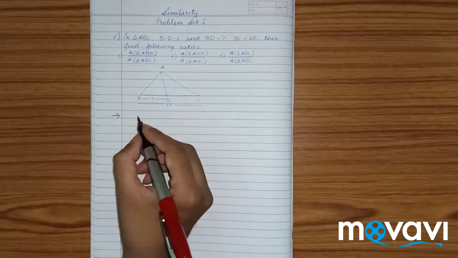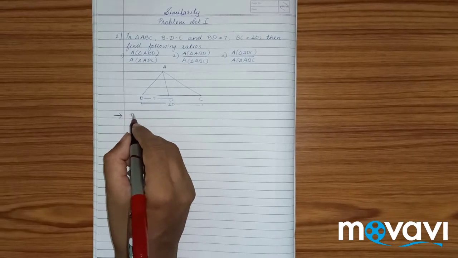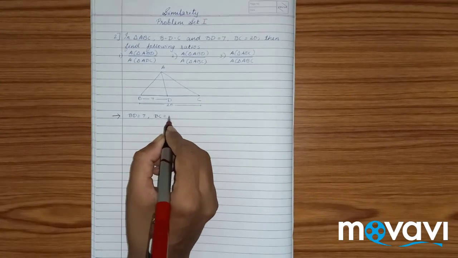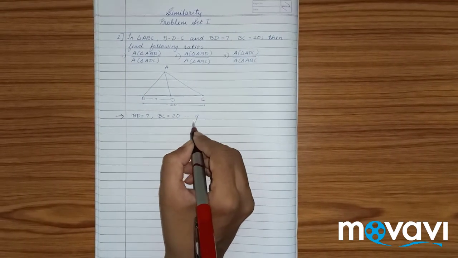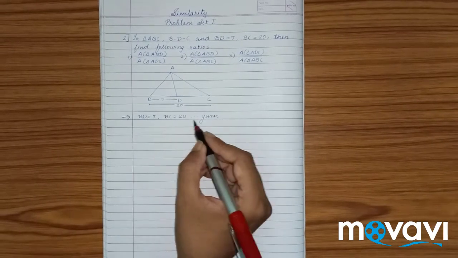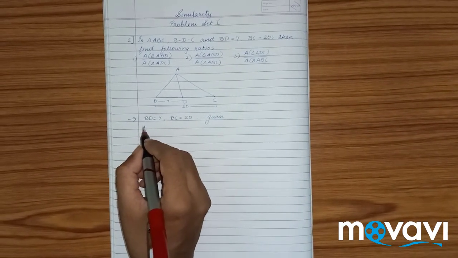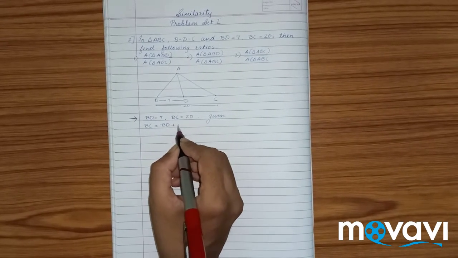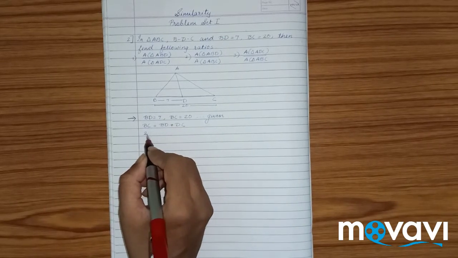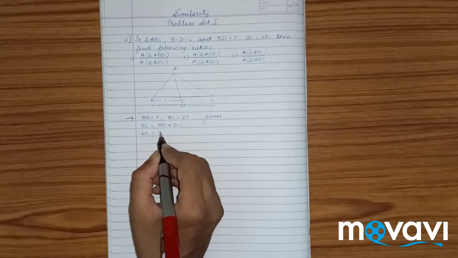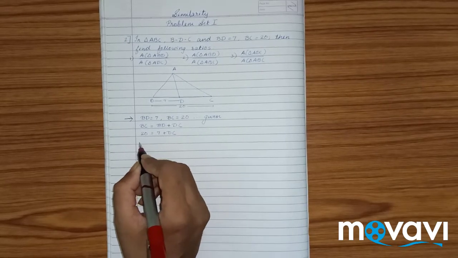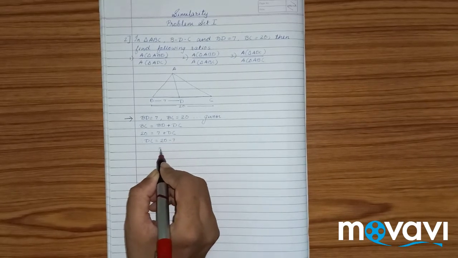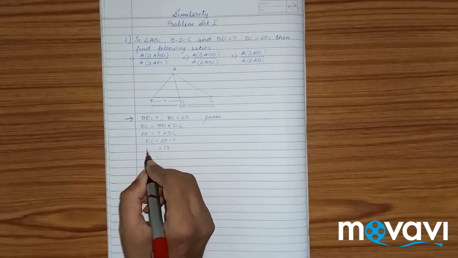BD is equal to 7, BC is equal to 20. Now, what is BC? That is nothing but BD plus DC. So let us substitute. 20 is 7 plus DC. So what will be DC? DC will be 20 minus 7, that is 13.